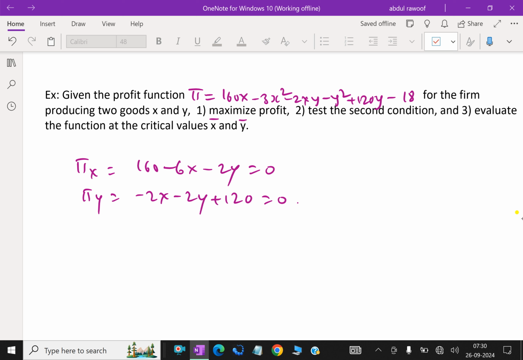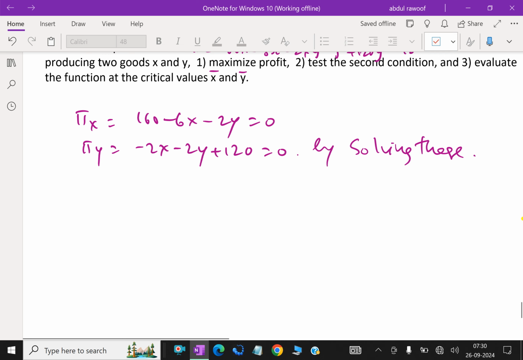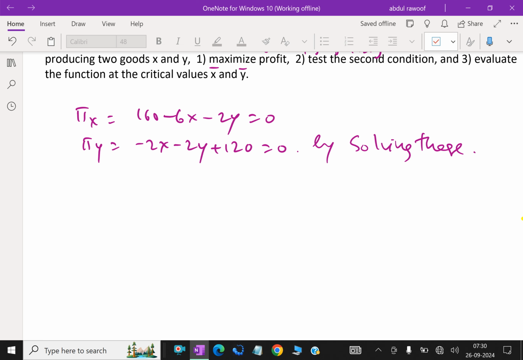By solving these equations, we get x bar equal to minus 6 and y bar equal to 20.